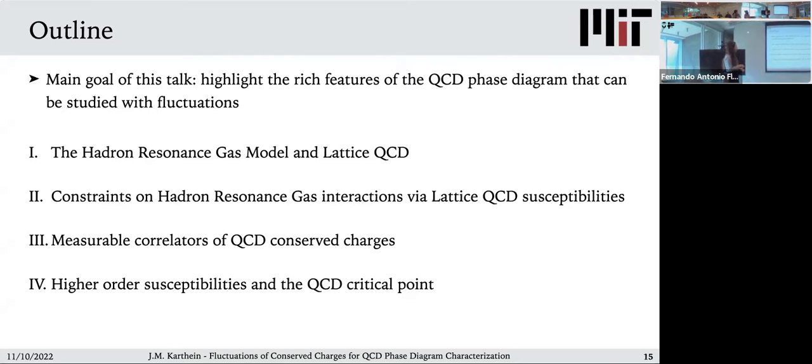Then in the next section, I'll tell you about how to look at the fluctuations as correlators between different conserved charges. This one I talked about at Hot Quarks, so if you were at Hot Quarks, you'll remember a little bit about that. And finally, I want to tell you about how we can estimate the higher order susceptibilities and the effect of the QCD critical point.